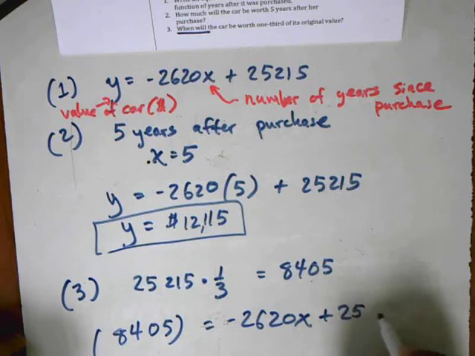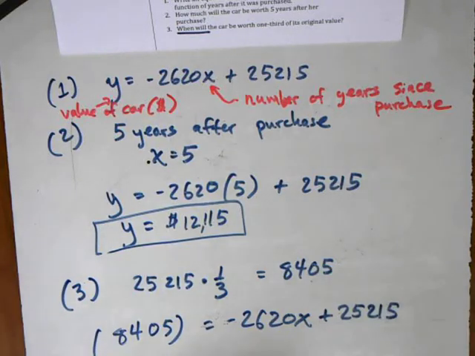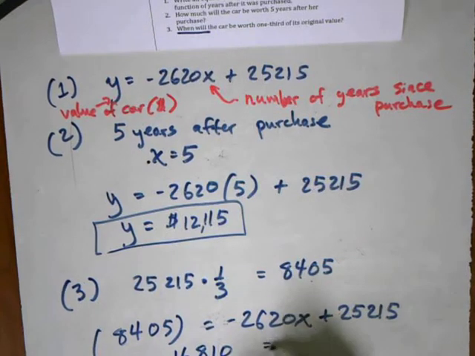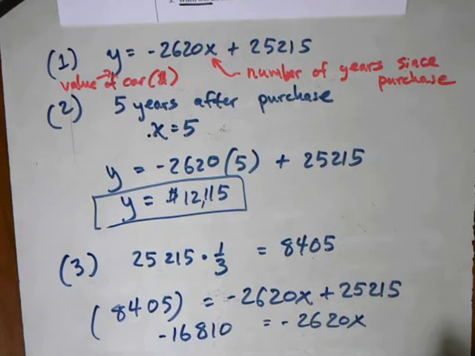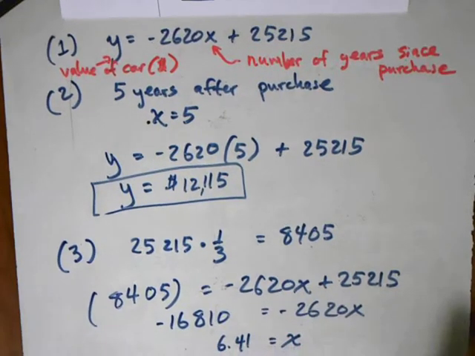and solve for x. So we can subtract 25,215 from both sides, and that gives us negative 16,810, which is equal to negative 2620x, and then divide both sides by negative 2620, and that gives us approximately 6.41 equals x.